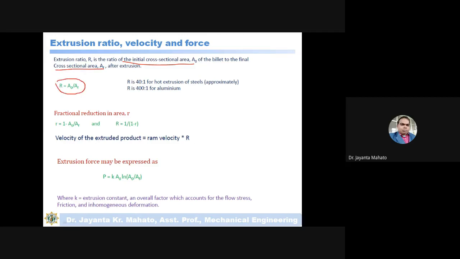So this is the extrusion ratio: R is equal to A naught divided by A f, original divided by final.